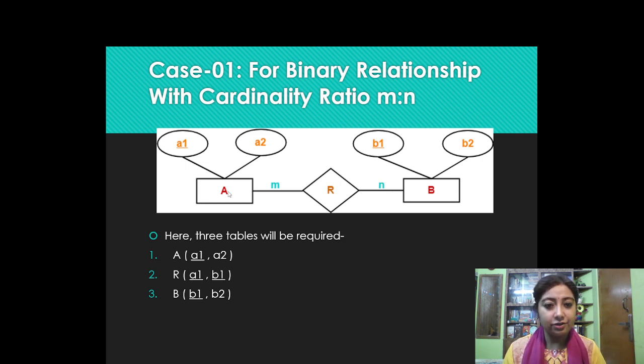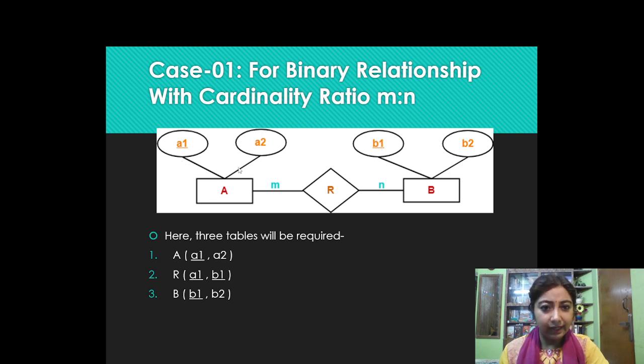In this example, A and B are the entities. A has the primary key A1 and B has the primary key B1.